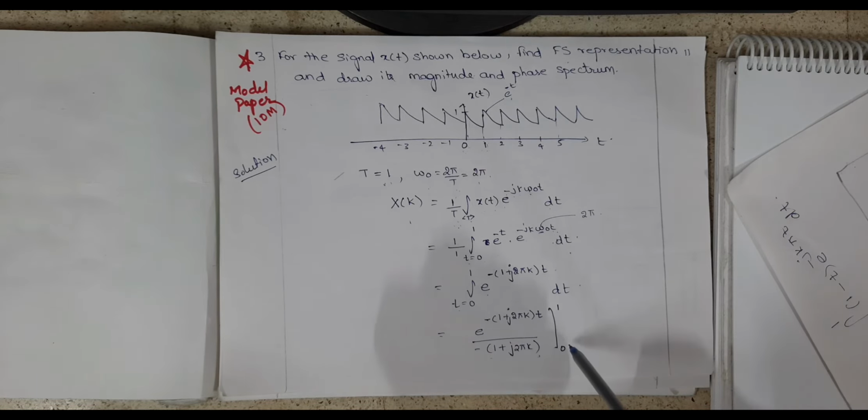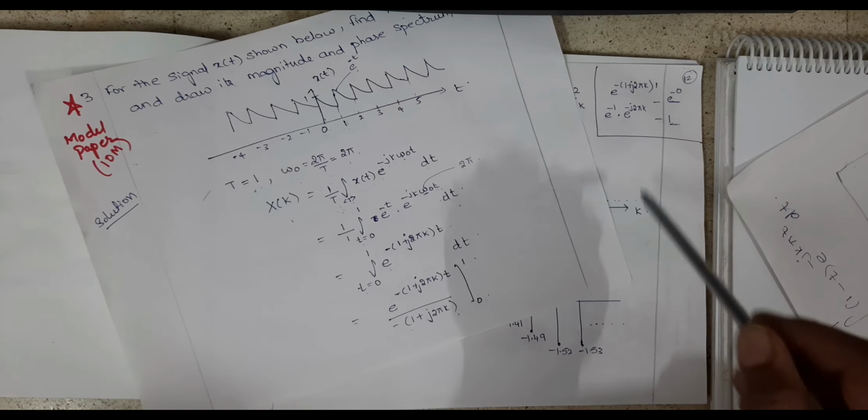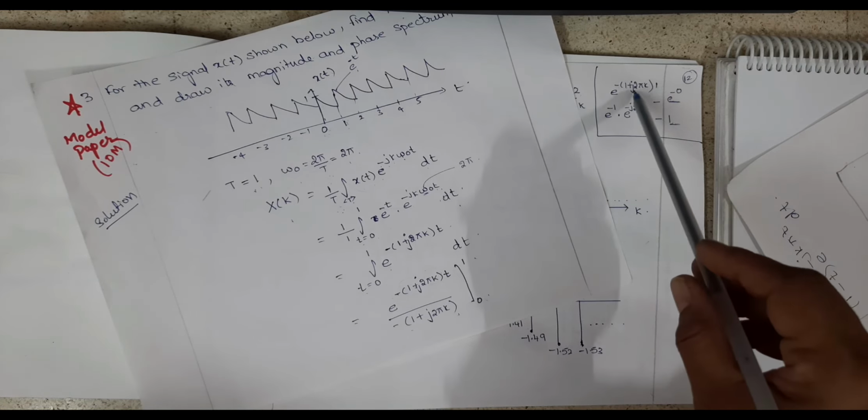So how did we get this limit here? Substituting the upper limit and lower limit: if you substitute the lower limit, the entire term becomes e raised to minus 0, therefore it will become 1. Now the upper limit, e raised to minus 1 and here e raised to minus j 2 pi k.